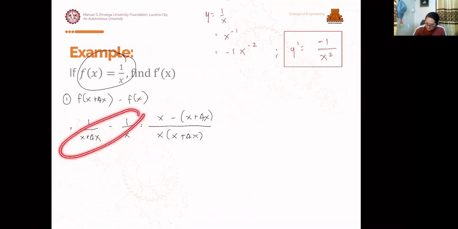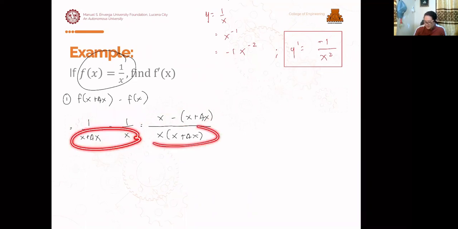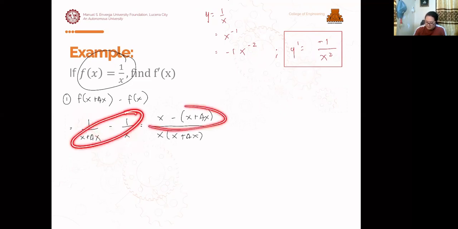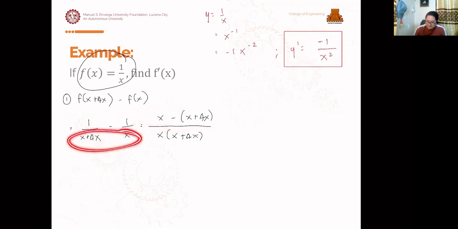Tapos, ito, naka-minus tayo kaya minus x plus delta x. So, iyan yun. So, addition itong cross multiplication natin. Tapos, yung nasa ilalim is product nito. Kaya meron tayong ganyan. Okay? Kung nalilito kung paano nakuha yung ito, yun na lang. So, product nito, tapos pag-addin ninyo over yung product nito.